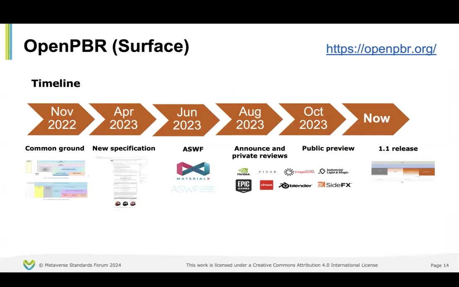Just a quick timeline of how this evolved, but again, it goes back to an evolution of the previous shading model, standard surface, and the Adobe standard material. We started this project in November 22, trying to align the two specifications, and it was publicly released end of last year, and then the 1.0 and now the 1.1 release is out.